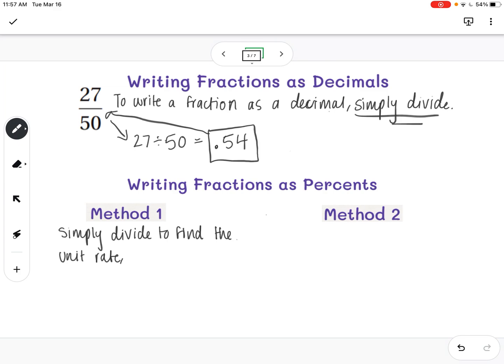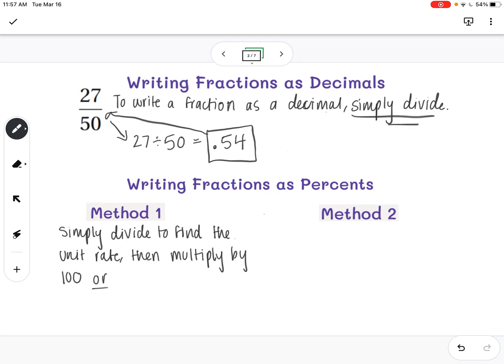Then since that's the unit rate and we know that percents have to be out of 100, multiply by 100. Or, move the decimal 2 times to the right.